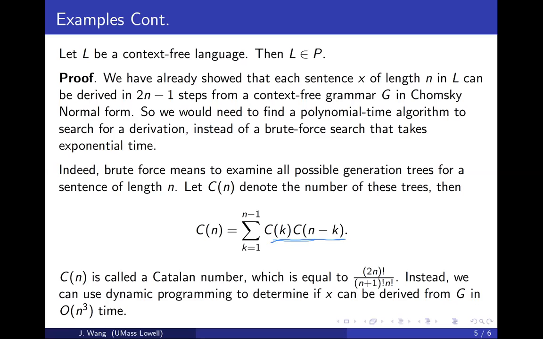Such a number is called a Catalan number, which is equal to (2n)! over (n+1)! times n!. If you really want an idea of how big C of n is, you can see that it is huge.